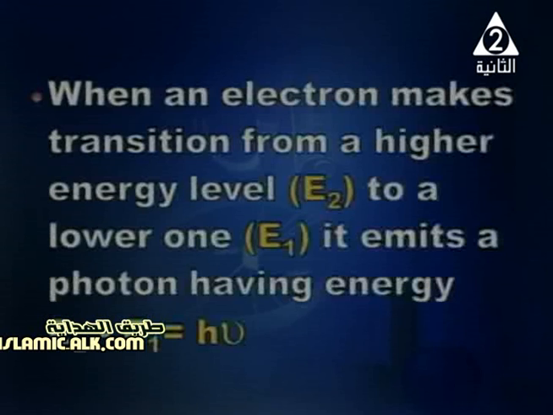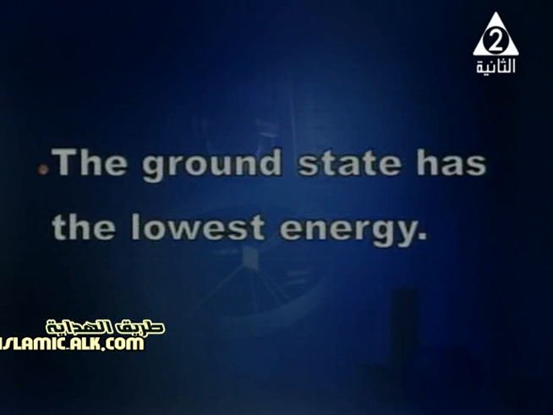When an electron makes a transition from a higher energy level denoted by E2 to a lower energy level denoted by E1, what happens? A photon is emitted. It emits a photon having energy equal to the difference between E2 and E1. So E2 minus E1 equals h nu. The ground state has the lowest energy.